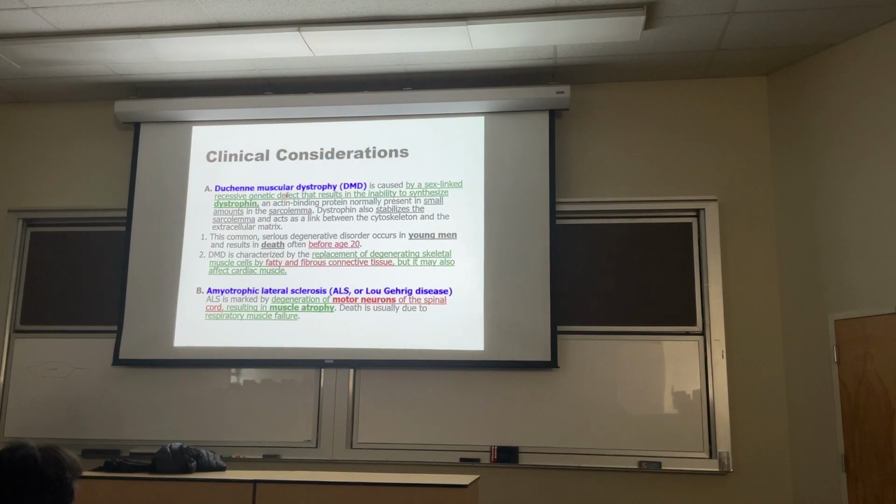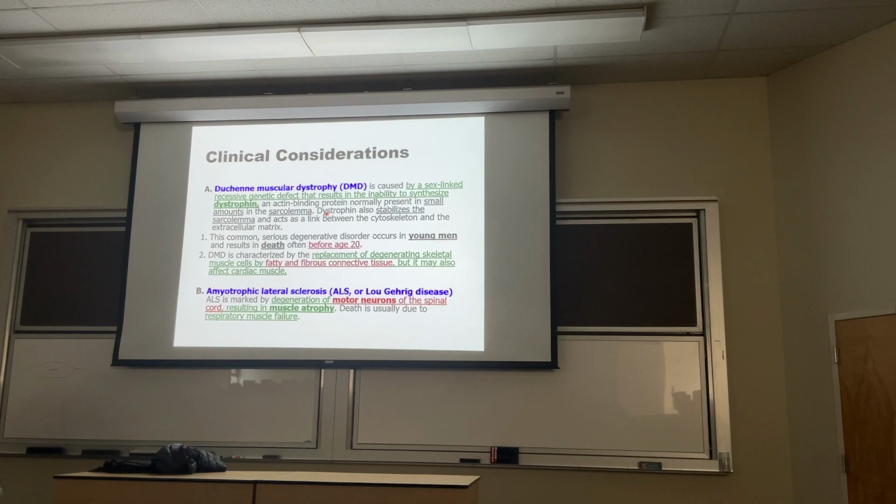If we have Duchenne muscular dystrophy, what happens here is there's a genetic defect that causes us not to produce a protein called dystrophin. That's why it's called dystrophy, and that helps connect the muscle proteins to the sarcolemma, and so it means that the muscle is weakened and destabilized if you don't have enough dystrophin.